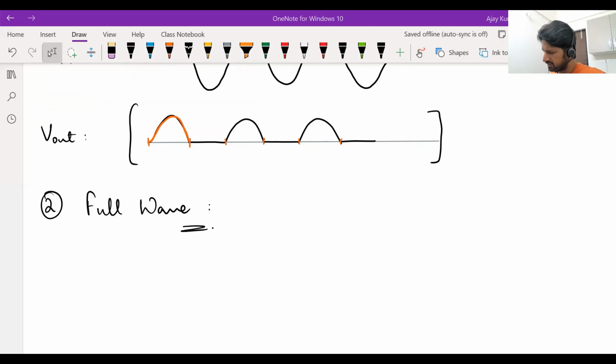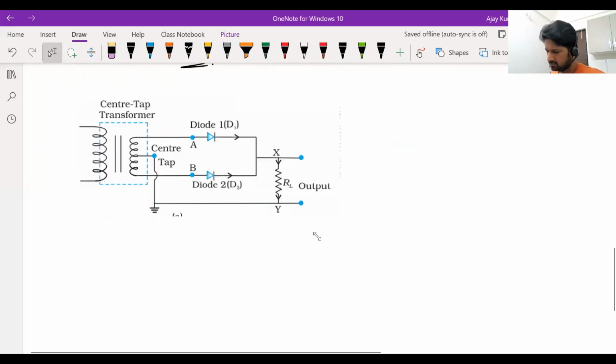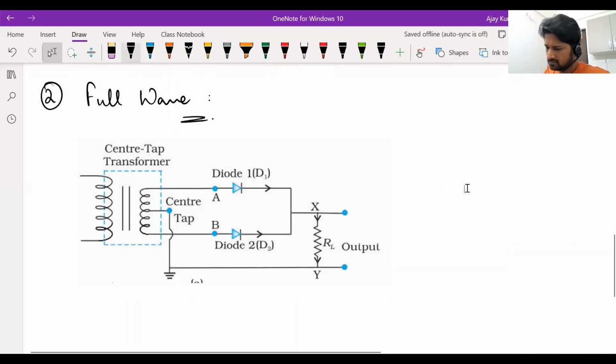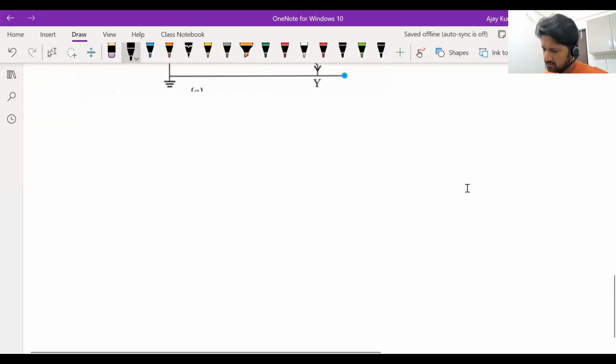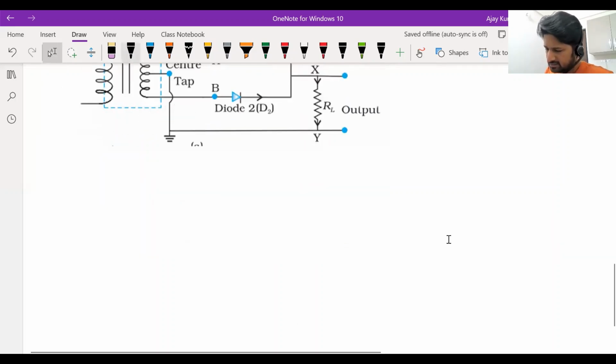Let me copy the circuit diagram. Right. Now let's first consider a transformer.